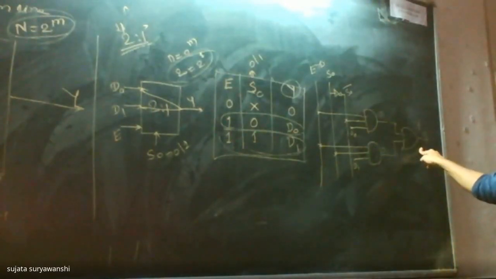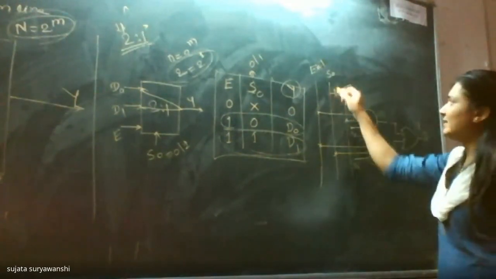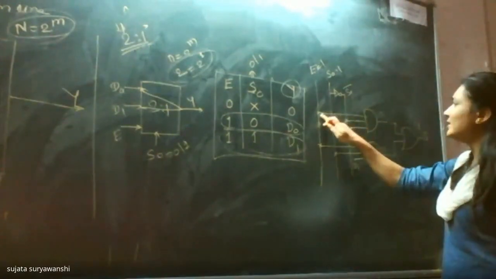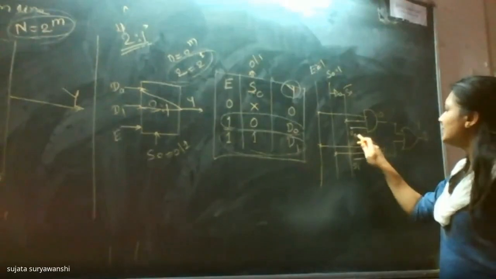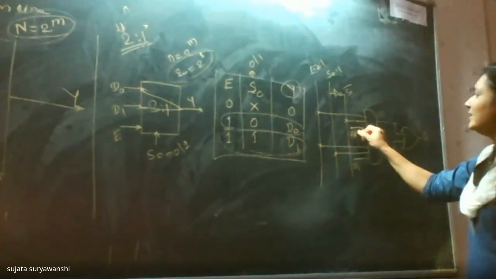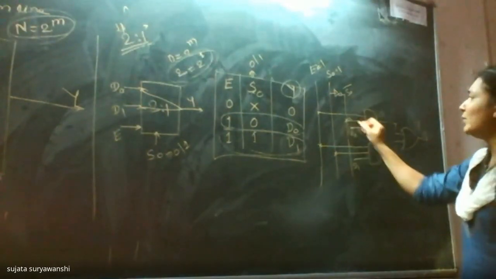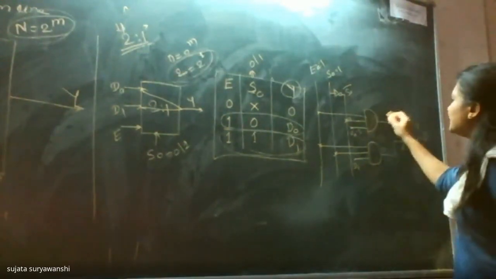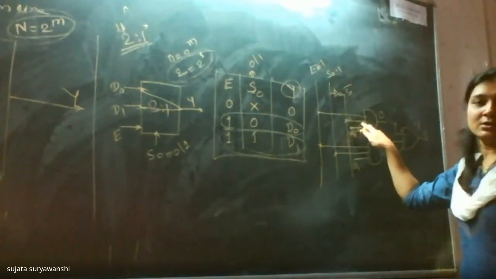give output 0. If E is equal to 1, then suppose S0 is equal to 1, then E into S0 complement into D0: even if the value of D0 is 1, the output will be 0 because one of the inputs is 0 here.